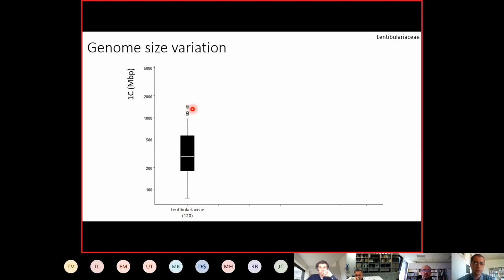Even the largest genomes in the family Lentibulariaceae are quite small in the context of other angiosperms. As for the individual genera, the genus Pinguicula tends to have larger, while genus Utricularia smaller genomes.